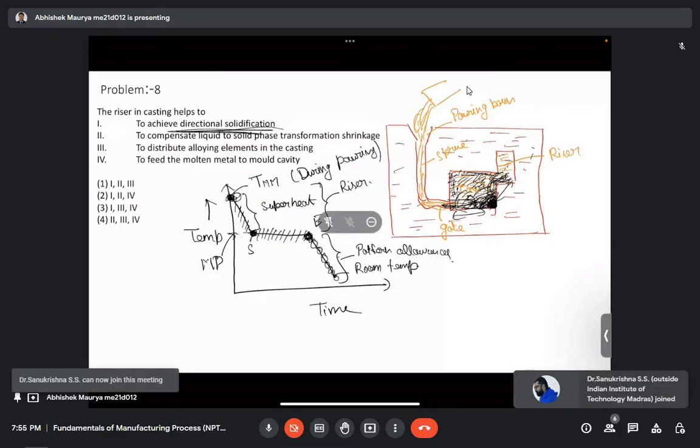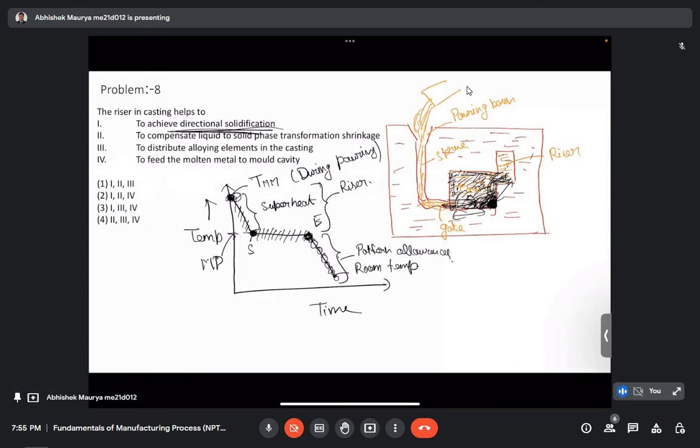So shrinkage defects can be avoided by the directional solidification process, and the riser helps to achieve it by continuously supplying the molten metal to the regions where solidification has not yet happened.